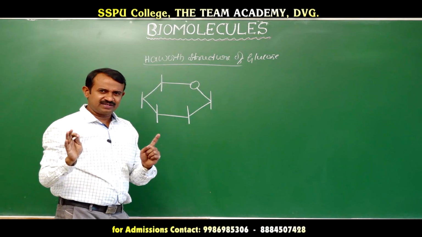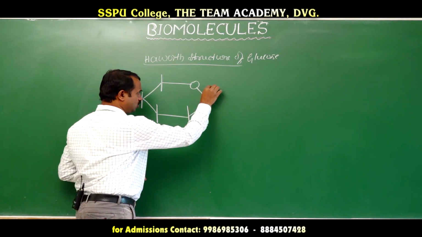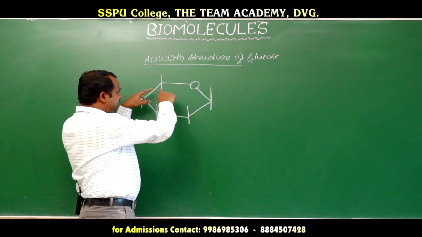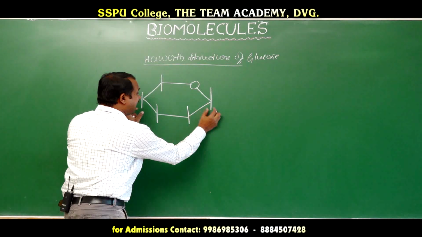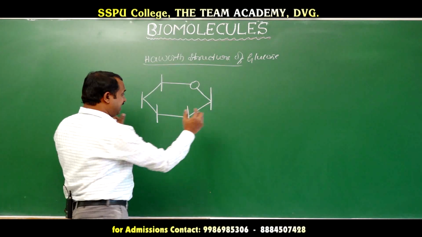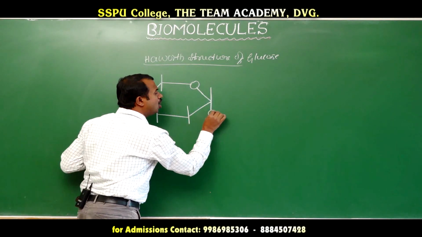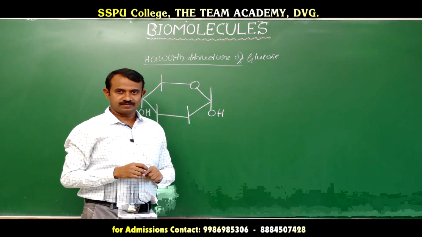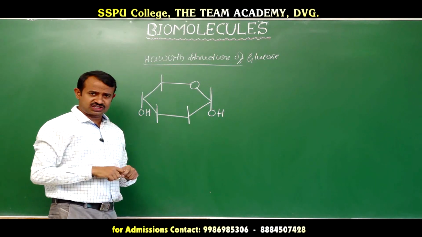Listen carefully. Simple techniques. This is glucose. Okay. Alpha glucose, you should remember, has a pyranose structure. Left and right. Listen carefully. Left and right, below is OH. Watch. You should draw the pyranose structure.